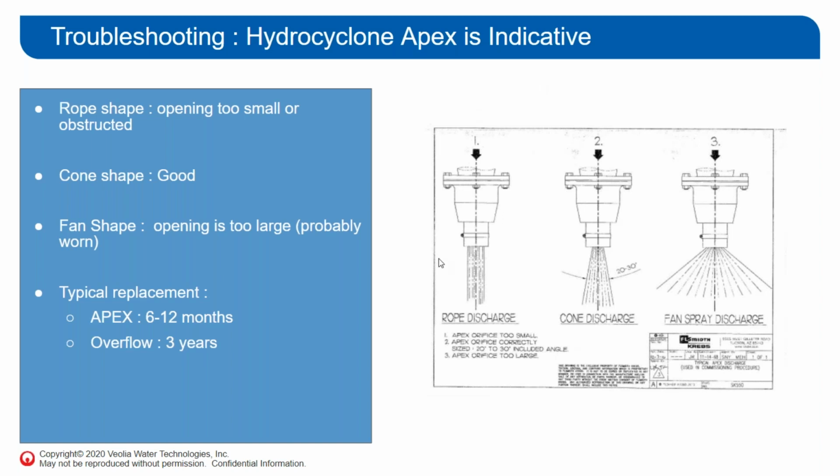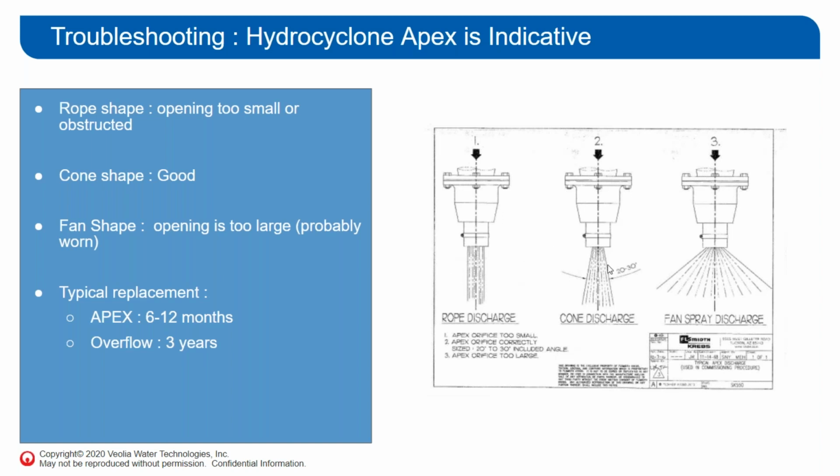But if there's an obstruction, or perhaps there was a mistake in ordering and the outlet of the apex tip is too small, it will rope, or you could see the solids become uneven on one side or another. And it won't be just a nice homogeneous fan shaped cone of a spray. There's probably something stuck in it.